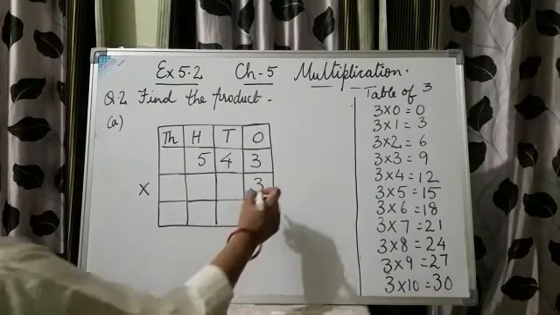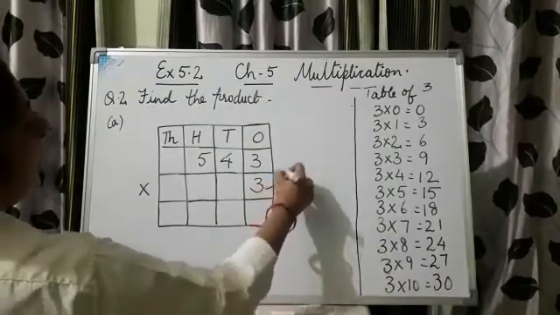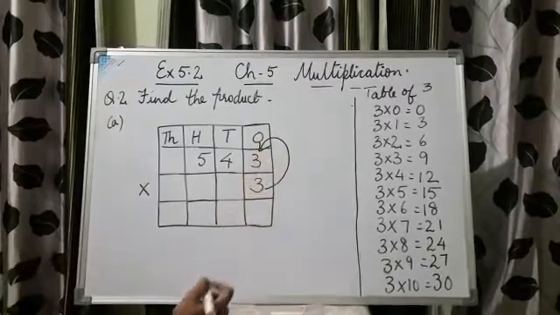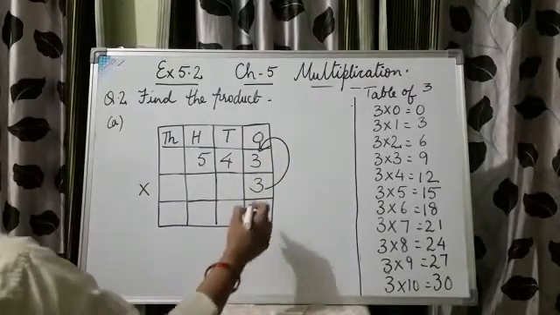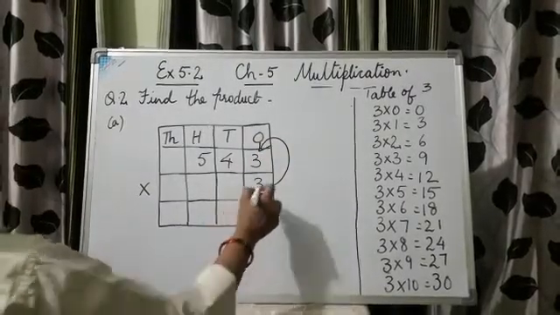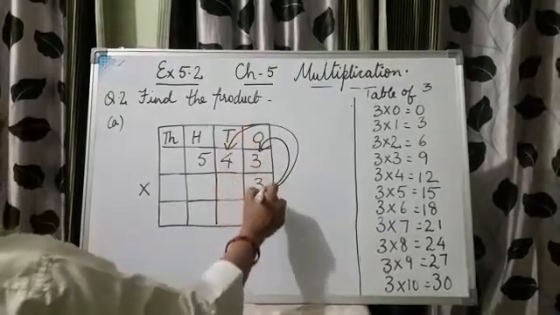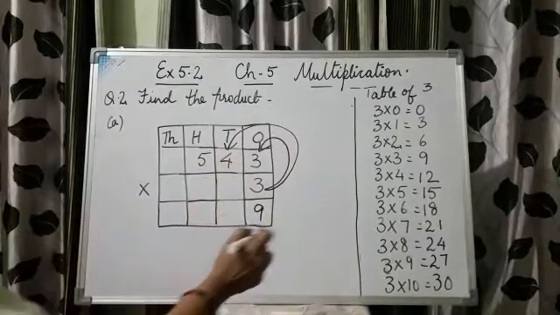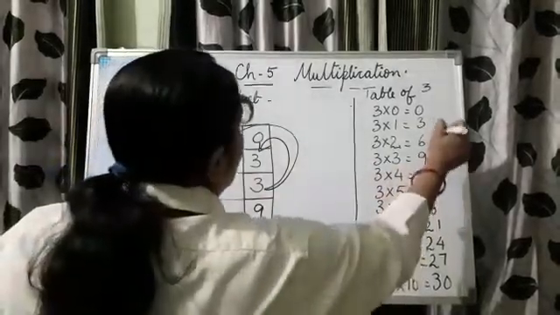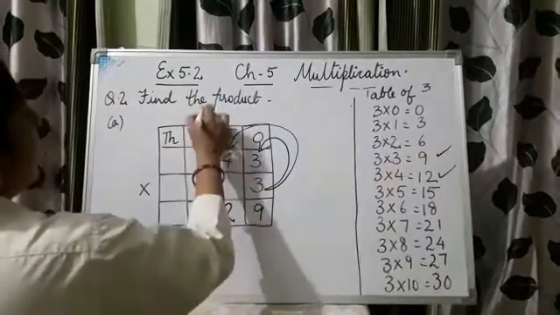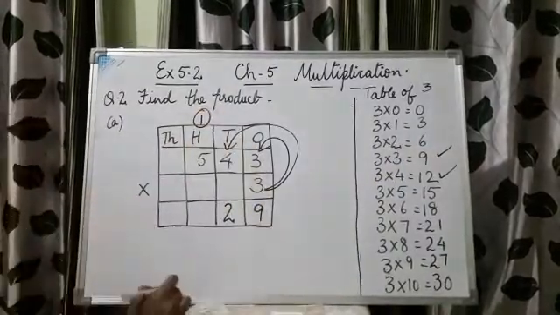Now, coming to the multiplication, 3 multiplied with the ones digit, that is 3 multiplied with 3. 3 threes are 9. Coming to the tens place, 3 multiplied with 4. 3 fours are 12.